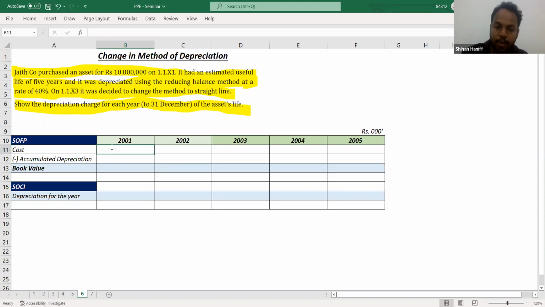Initially, the asset cost is 10 million. I'm doing it in thousands, so 10,000. First, they depreciate 40%. From this, they depreciate 40%, which is 4,000.